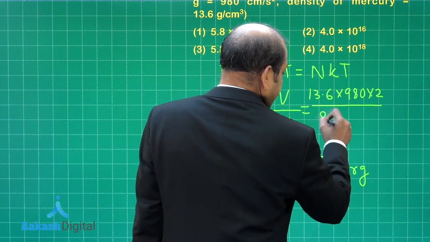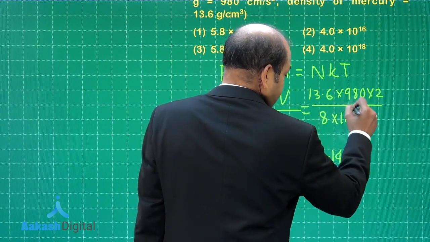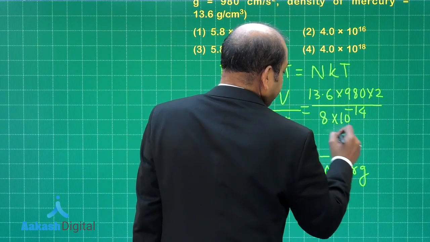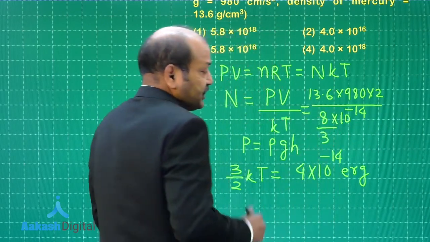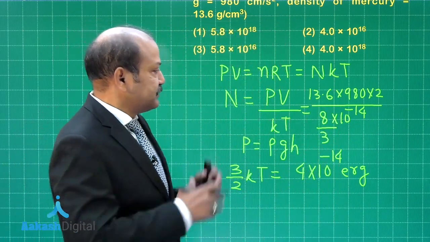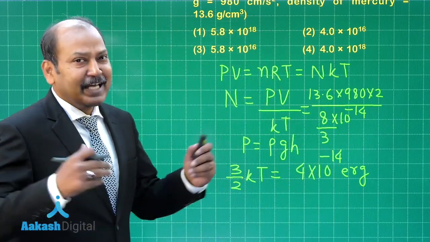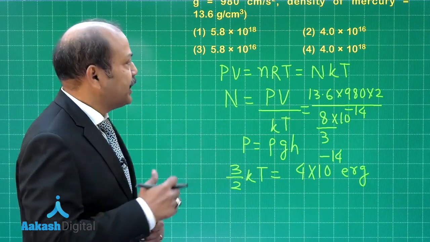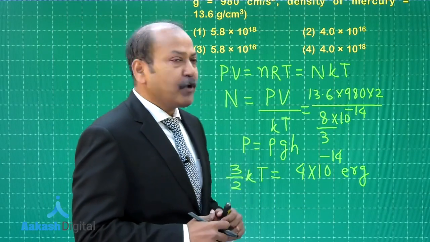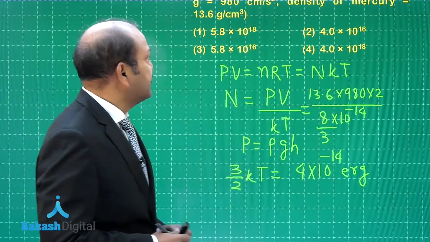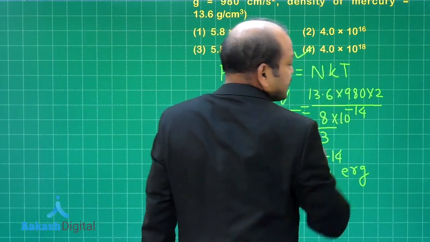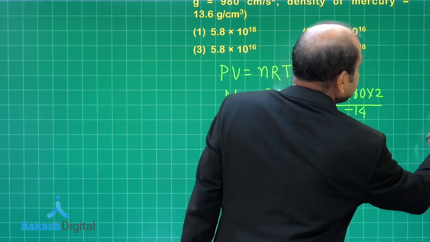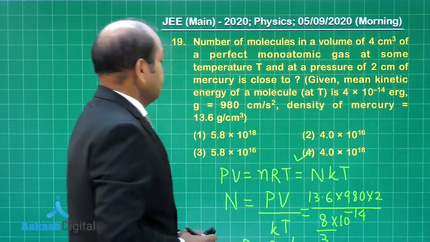On simplification it comes very close to 4.0 into 10 to the power 18. So for this question option 4 is the correct option.